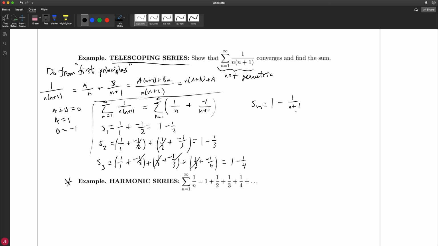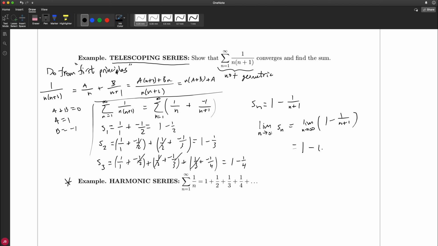Maybe you can get a handle on it, but for more complicated examples, it's easier to just leave it like this, right? Well, remember, if the limit of these partial sums converges, then we say that the infinite series converges, and it would converge to that value. Well, what is the limit of these Sn? Well, 1 doesn't change, and as n becomes large, 1 over n plus 1 moves to 0.